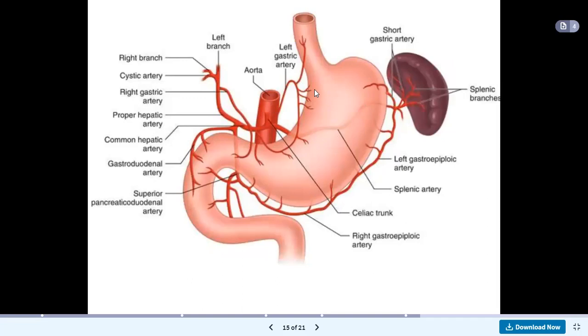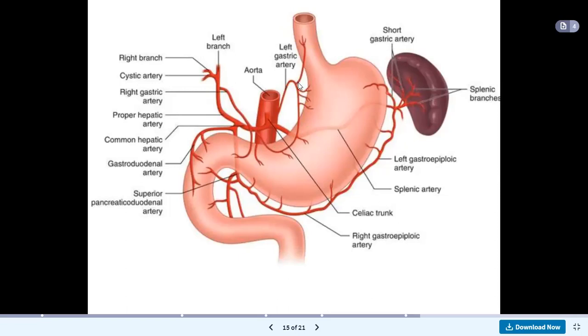So where is our left gastric artery? Here you see the left gastric artery coming from the celiac trunk. So this is the celiac trunk. You see the left gastric artery coming from the celiac trunk and supplying the upper part of the right side of the stomach. This is the right border of the stomach, but the upper part of it is supplied by the left gastric artery.